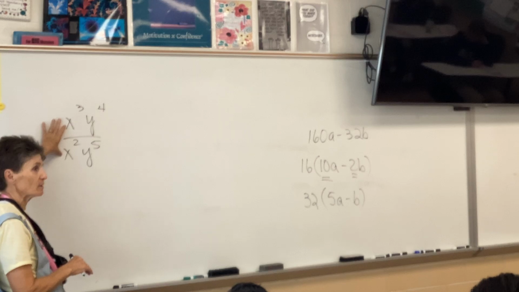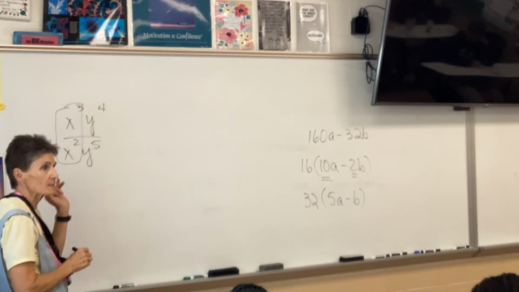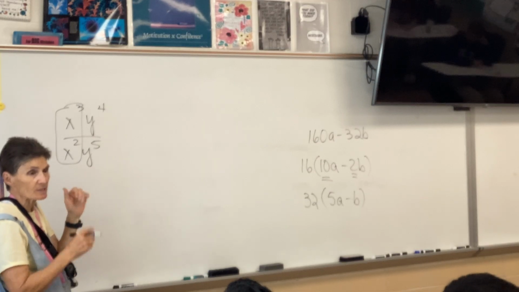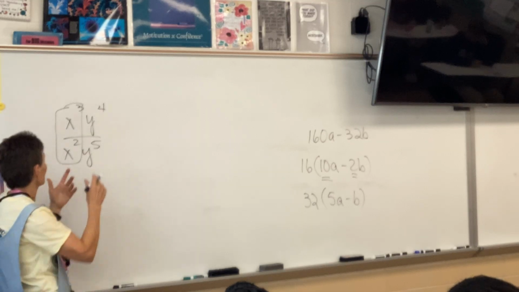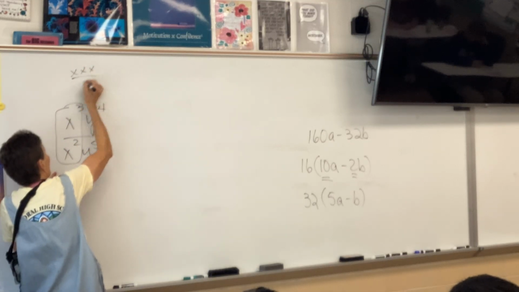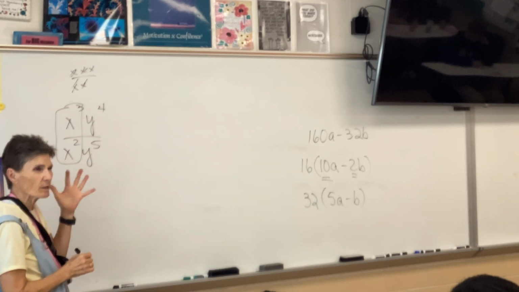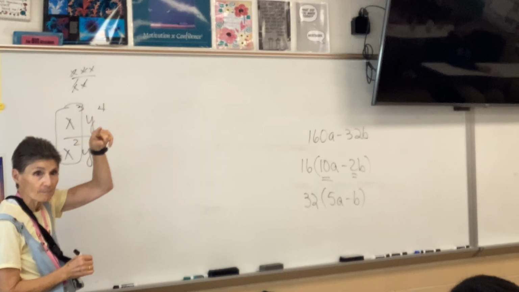What's gonna happen with these X's right here? Subtract them. They're gonna cancel, aren't they? You can subtract the exponents for sure, but aren't they gonna cancel? If you have 3 X's on top of 2 X's, aren't they gonna cancel? And what are you gonna be left with? 1 X on the top?